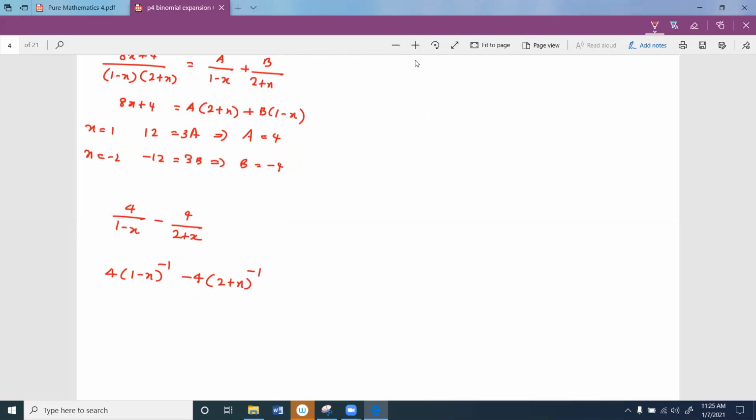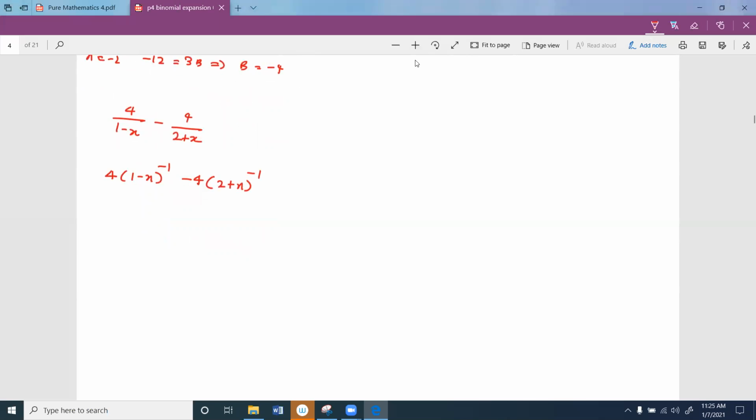So initially, I will just do this expansion. This is the part we have to subtract. If I get (1 minus x) to the power minus 1, how am I supposed to expand it? It is 1 plus nx over factorial 1, plus n(n minus 1) divided by factorial 2, plus n(n minus 1)(n minus 2) divided by factorial 3.